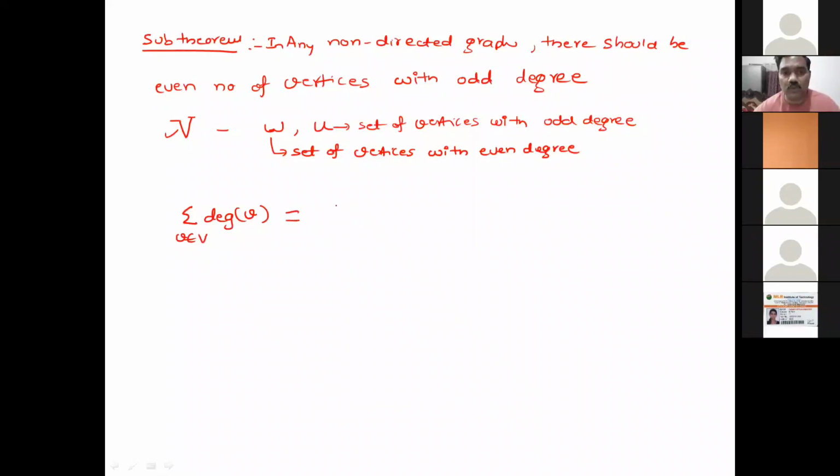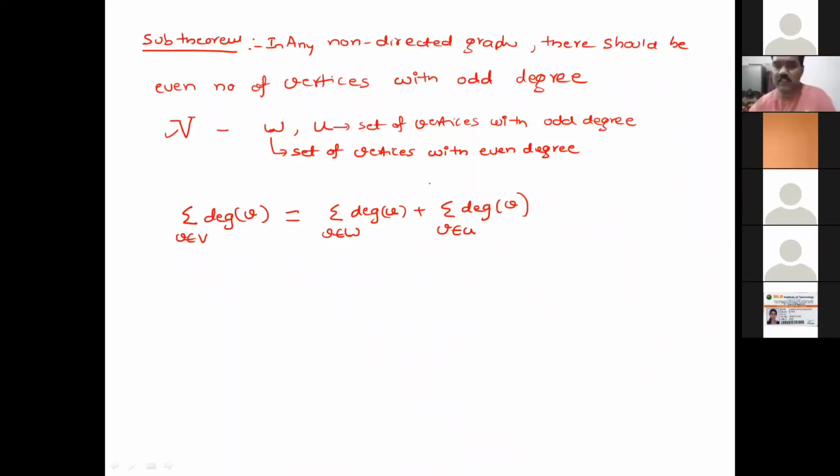This should be equal to the sum of the degrees of the vertices whose degree is odd, so sum over U of degree v, plus the sum of the degrees of the vertices whose degree is even, that is W. Now understand this equation. Nothing great I did.